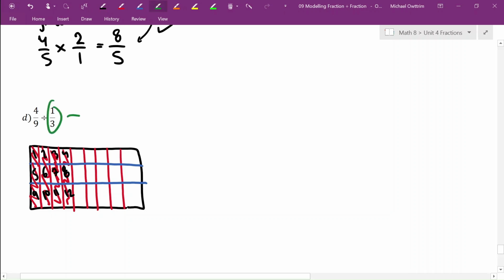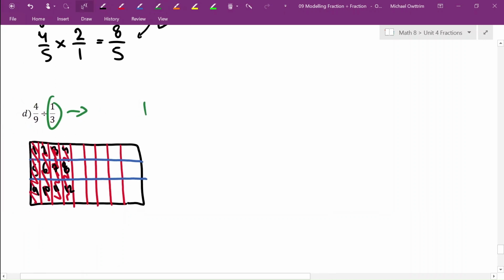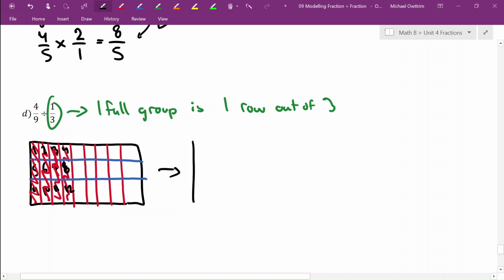Now we're told that one full row out of 3 is one full group. And so we're going to go ahead and resort those pieces into our rows.